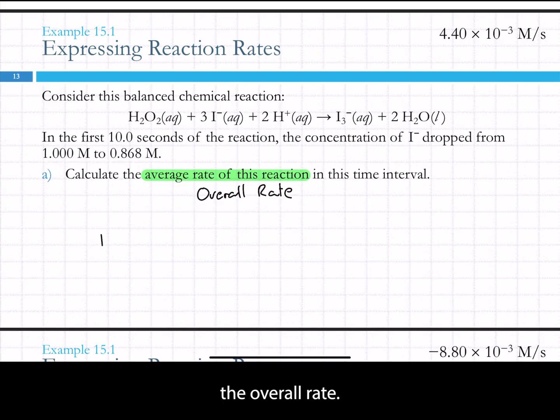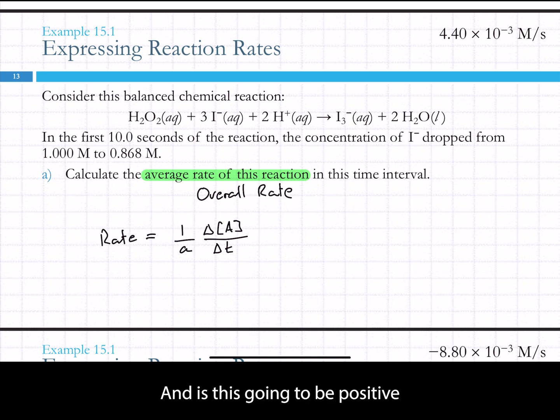So if we want to calculate the overall rate, we use the generic form: 1 over a times the change in A divided by the change in time. Is this going to be positive or negative?